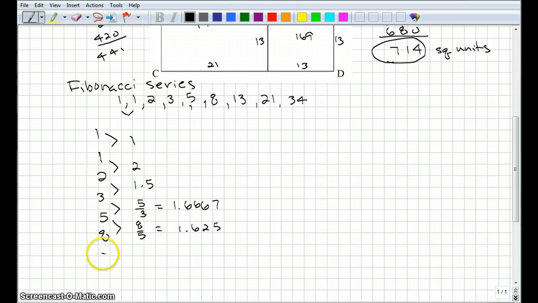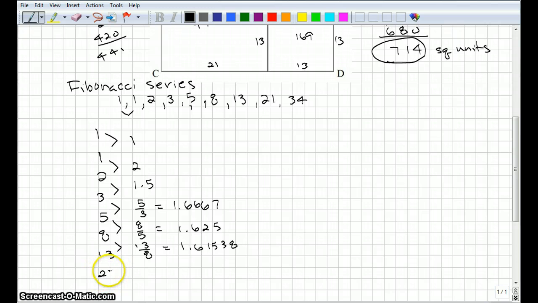And the next number would be 13. If I look at that ratio, 13 over 8 in decimal form is 1.61538. Now I rounded that off. I did this on the calculator before, and I'm not able to do this in my head.